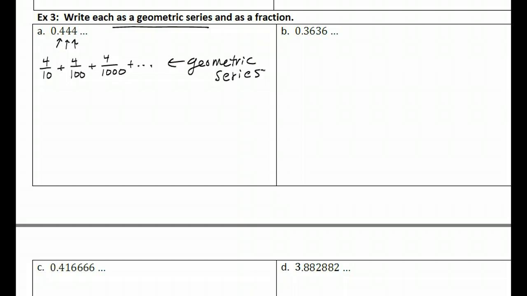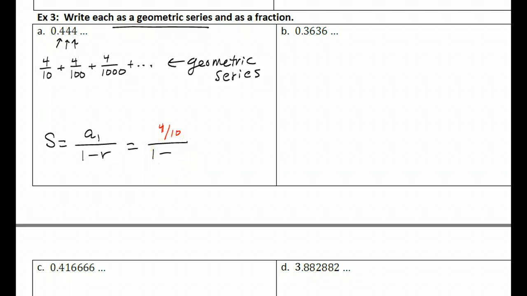And now I want to write this series as a fraction. And in order to write this as a fraction, we are going to use our sum formula. And our sum formula, remember, I need term 1 and I need r. So obviously term 1 is 4 tenths now of this series I just created.